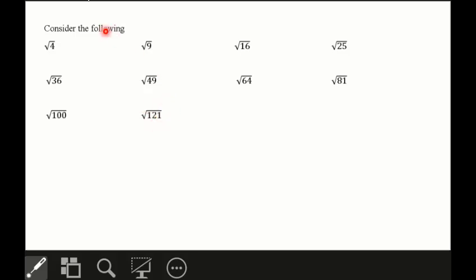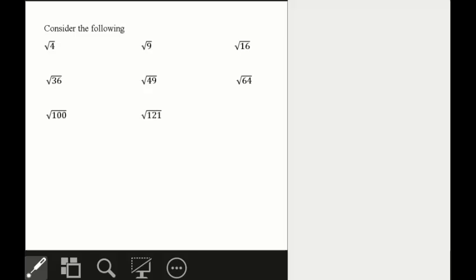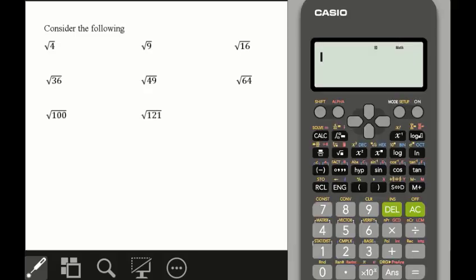Very good. So I know by now your calculators are closer to you. Let's pick our calculators as I bring mine on the screen. Good. So let's punch these numbers on the calculator and write our results attached to the expressions that we have.